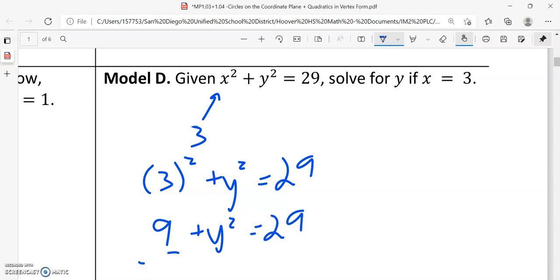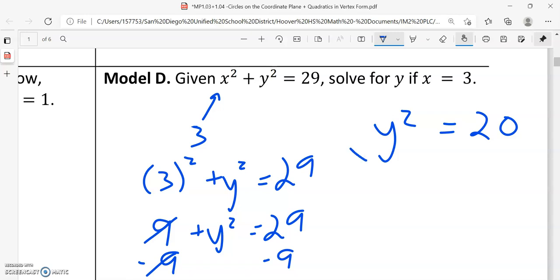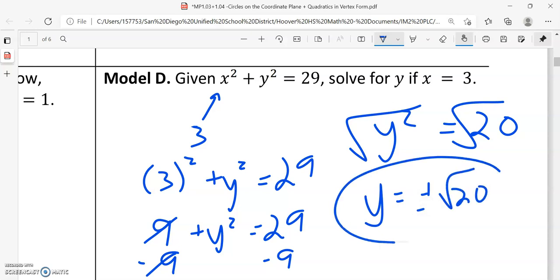We subtract 9 from both sides. So 29 minus 9 becomes 20. And y squared is by itself now because these cancel out. To get y by itself, we square root both sides, and we get y is equal to plus or minus square root of 20.